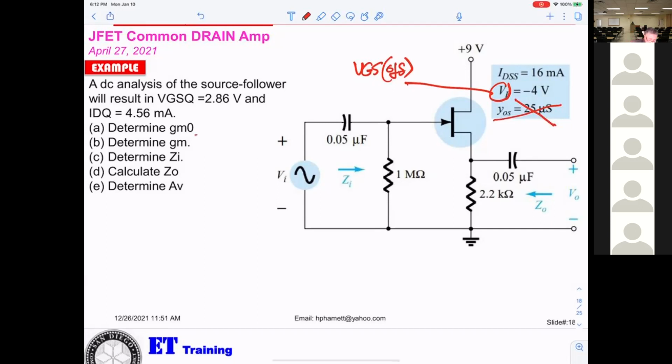So basically that will be equal to 2 times IDSS divided by the absolute value of VGS off. GM equal GM0 times 1 minus VGS over VGS off.